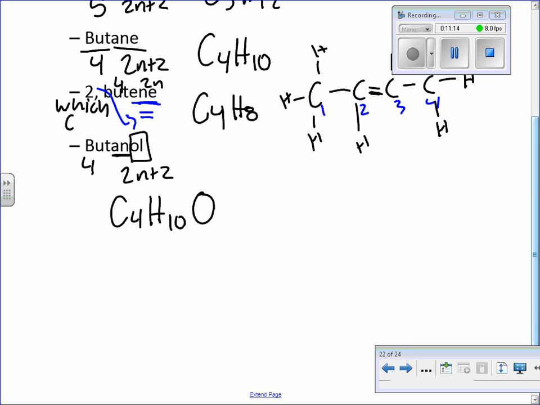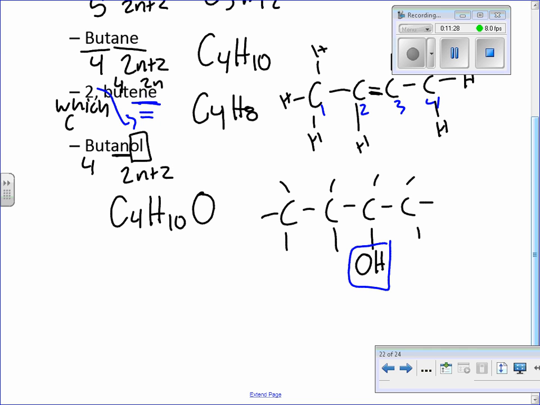So let me just draw this for you. They're all single bonds. One of these is going to have the functional group OH, though it doesn't matter which one. And then we're going to fill the rest in with hydrogens.